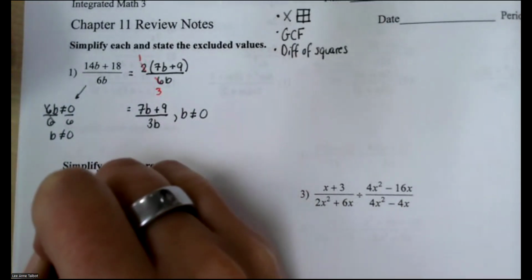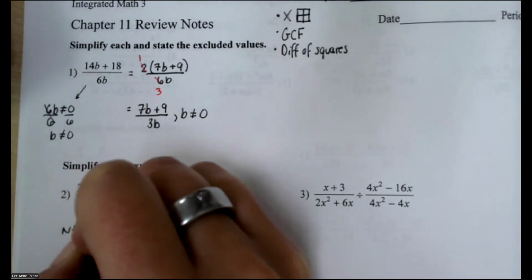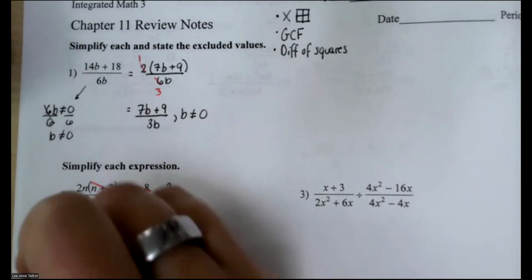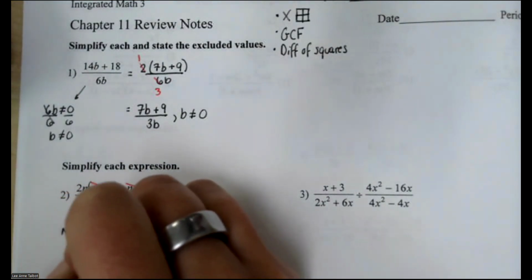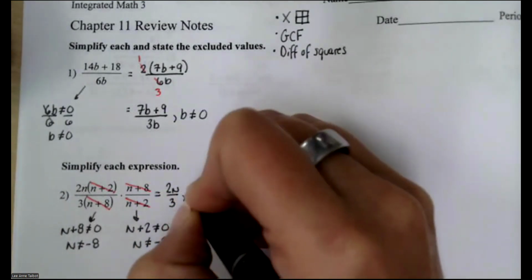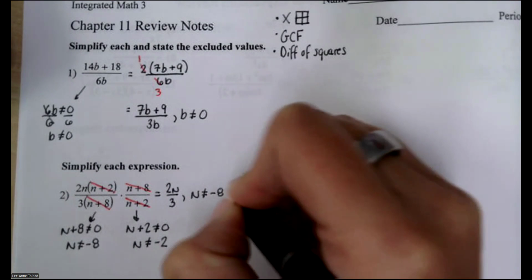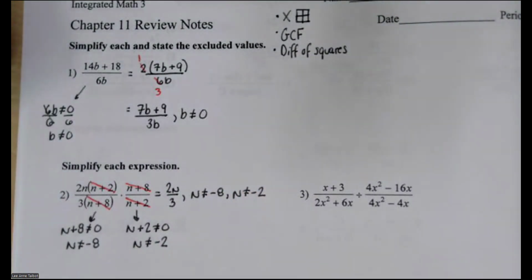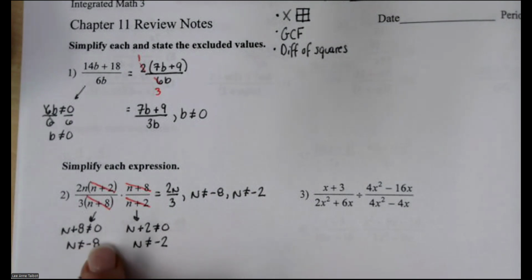And then are you guys okay if I don't show the -8, -8, -2, -2 cross out? Okay.